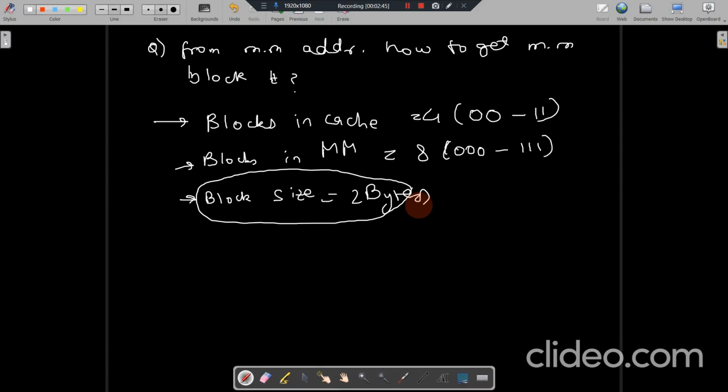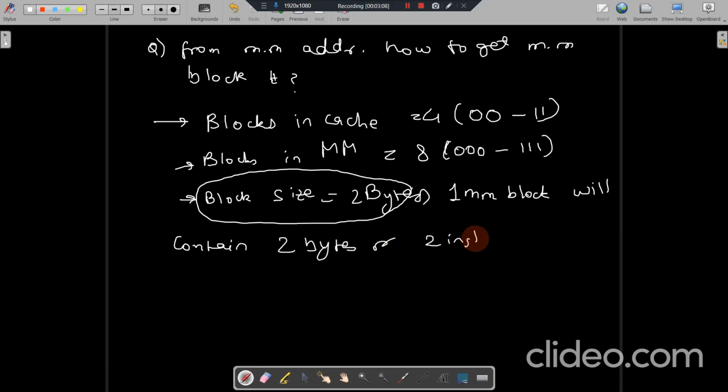We know that the main memory is byte addressable. Every byte has an address. So that means one main memory block will contain 2 bytes, or 2 instructions. Okay.